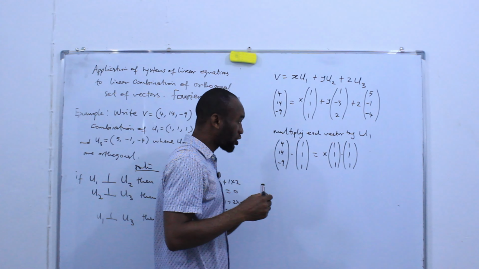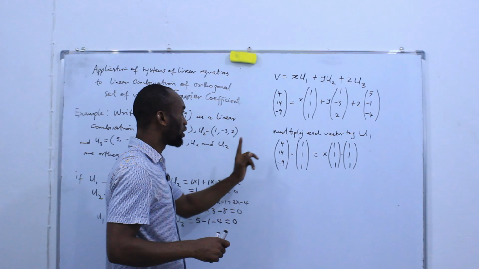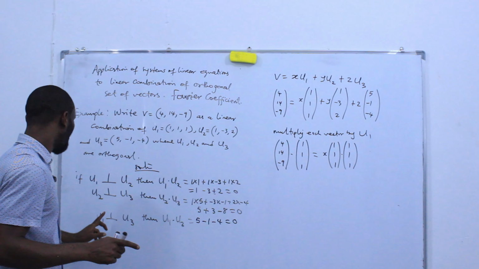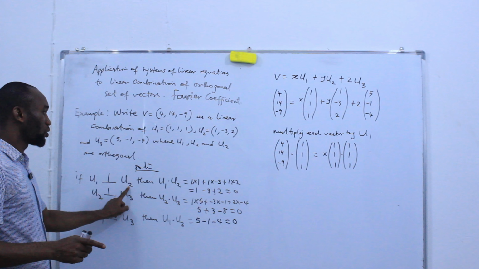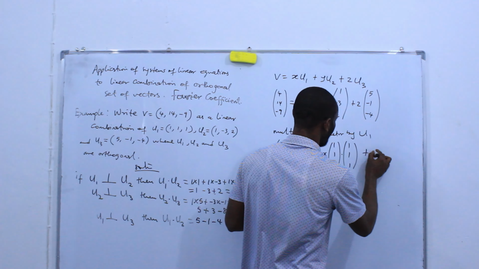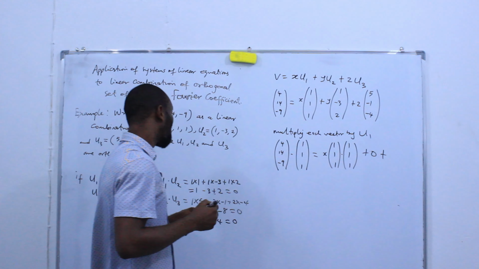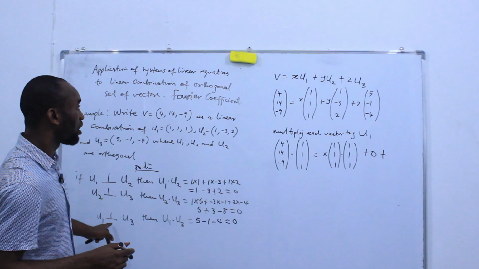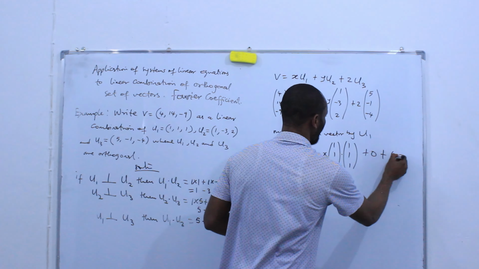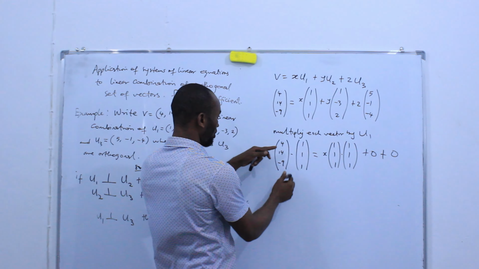Then the dot product of u1 with u2 will give you 0. Remember, u1, u2, their dot product will give you 0. So that means we're going to have 0 here plus 0. Also, the dot product of u1 with u3 will also give you 0.